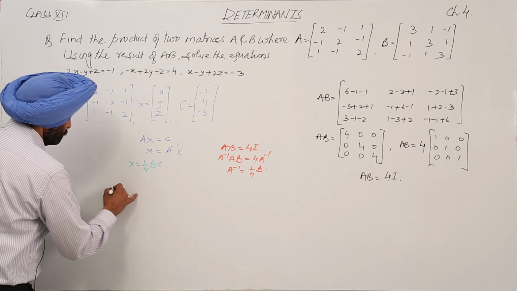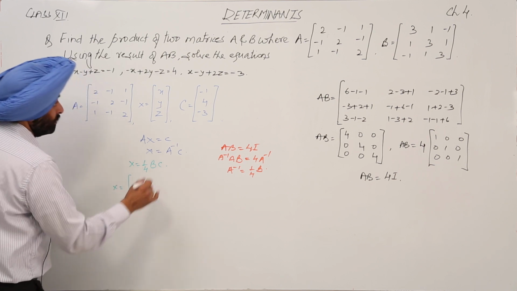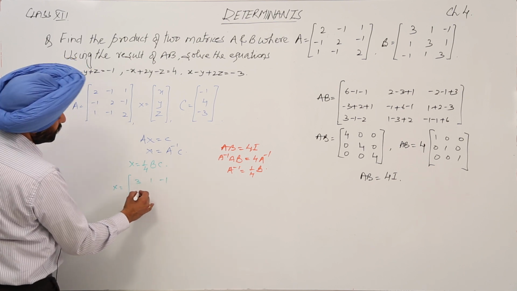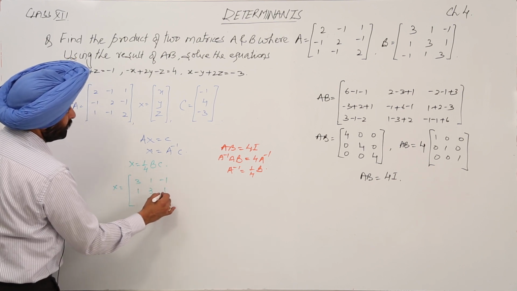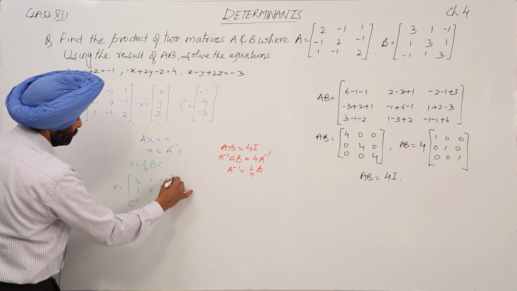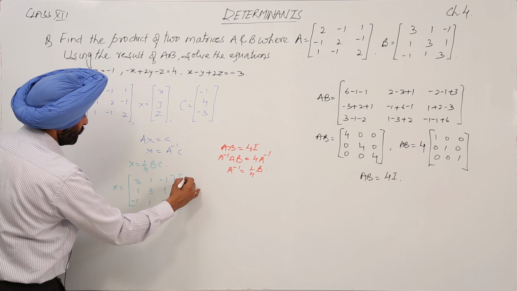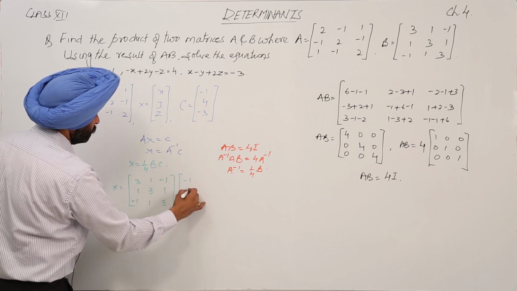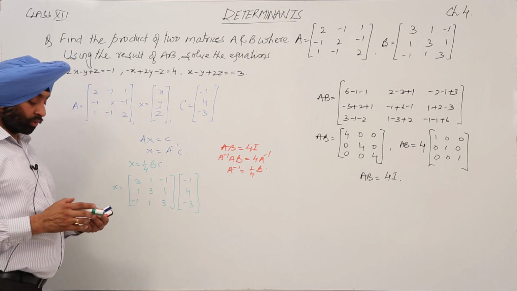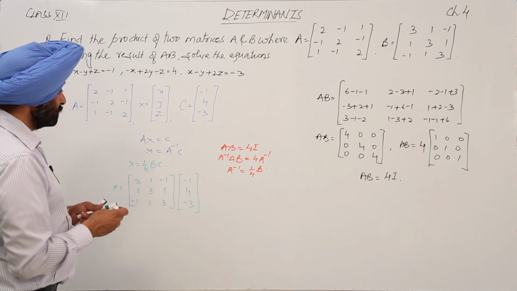Now X is equal to 1 by 4 times B, which is written there: 3 1 minus 1, 1 3 1, minus 1 1 and 3, and C is minus 1, 4 and minus 3. Okay, so let's solve it.